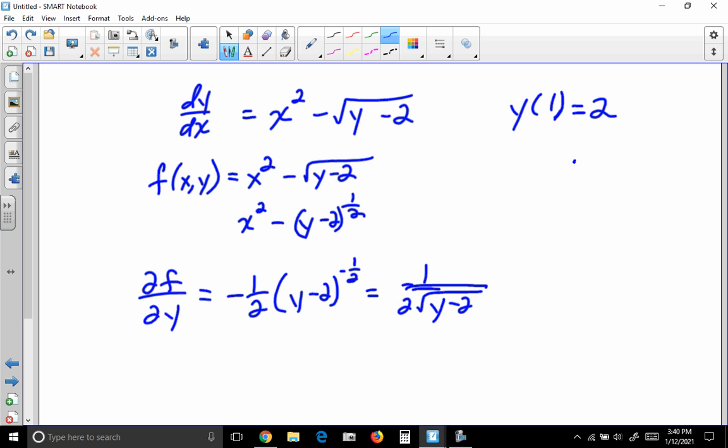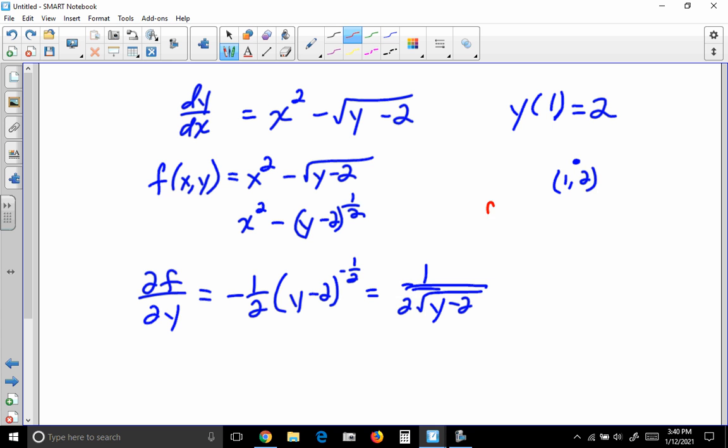So we have to see if 1, 2 is an interior point for some rectangle such that this function is continuous and that function is continuous. If we can find any point that's connected to this one, essentially touching this, for which either one of these is undefined, then we're not guaranteed to have a unique solution that exists.